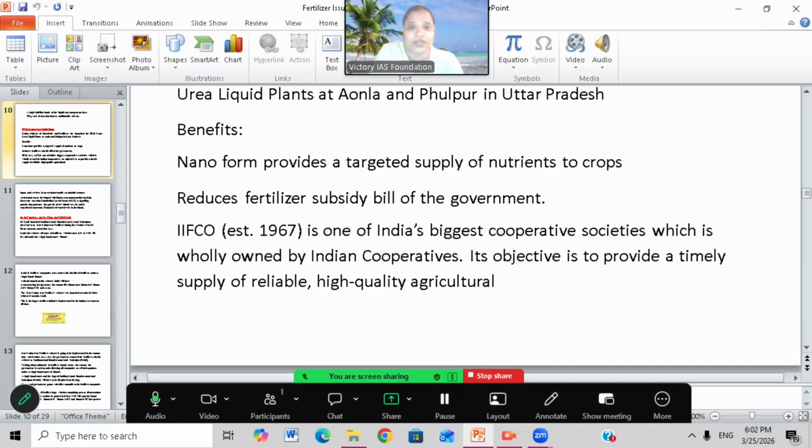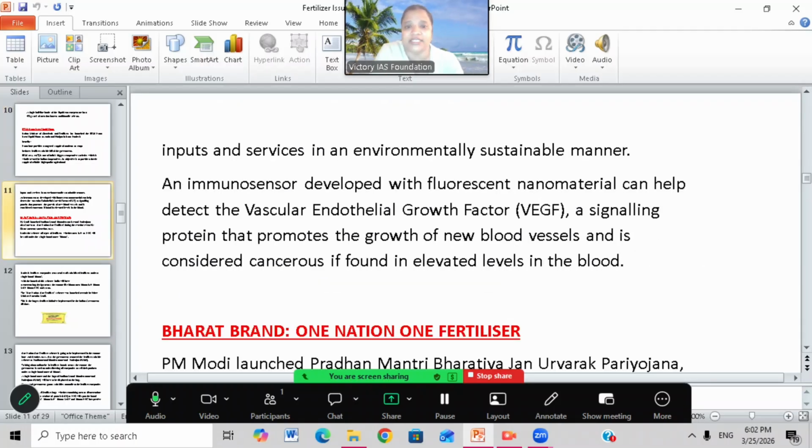Its objective is to provide timely supply of reliable, high quality agricultural inputs and services in an environmentally sustainable manner. So the objective and ambition is to give on-time services and inputs to agriculture in a way that does not pollute the environment.